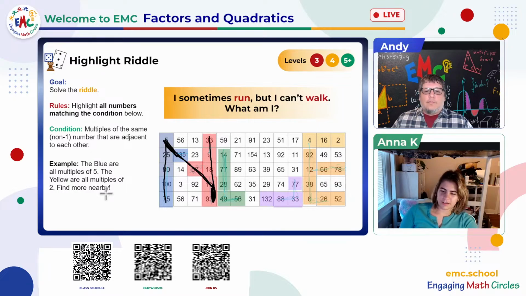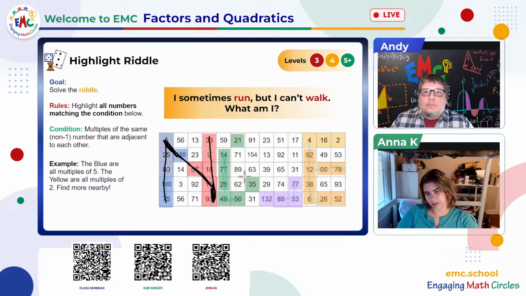I swear this keeps trolling me. This is a multiple of 7, and this is, but they aren't connected. Aren't they connected? Let me check that one, but I don't think so. 63? Oh, I guess they are.